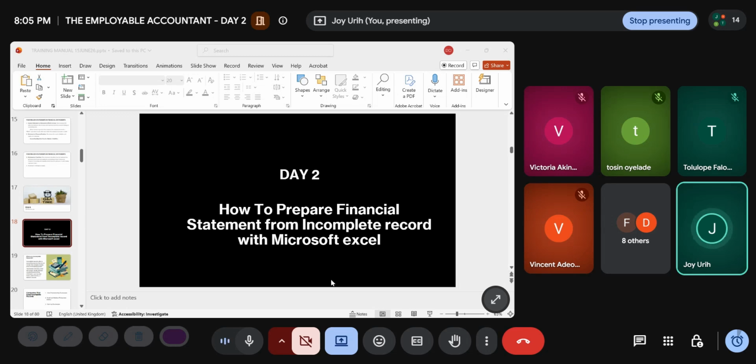For those that were not in the class yesterday, the question was: if a director has an asset before commencing business and the director or owner of the business is now using that asset for the business, how will it be recognized in the books of the company?